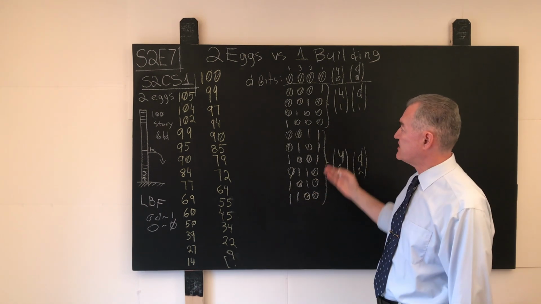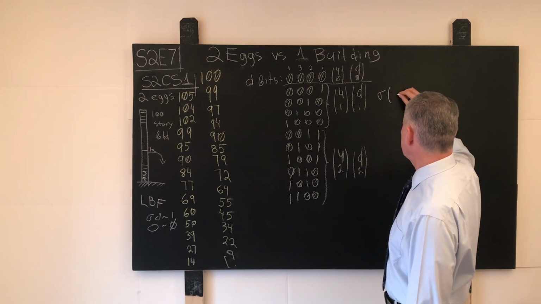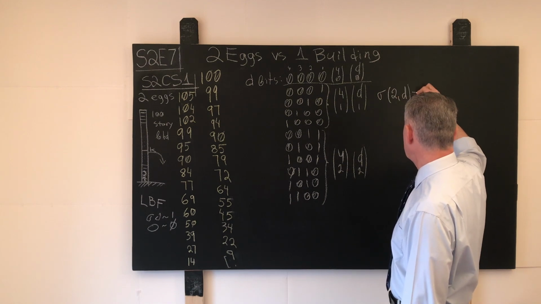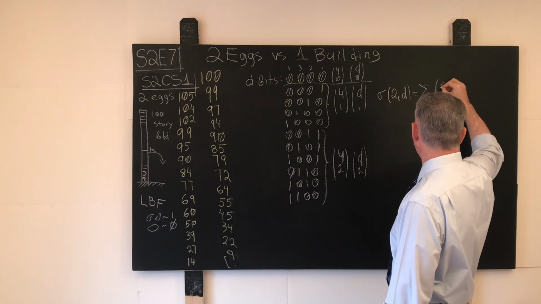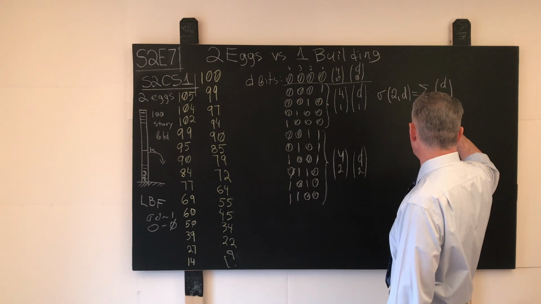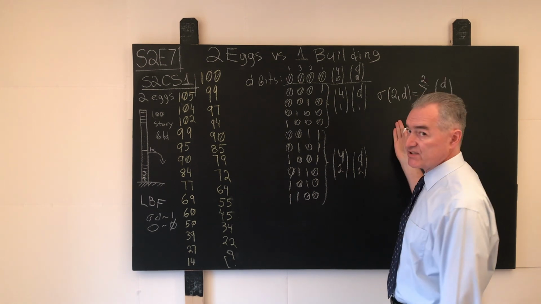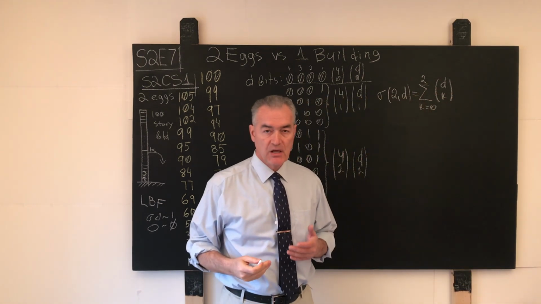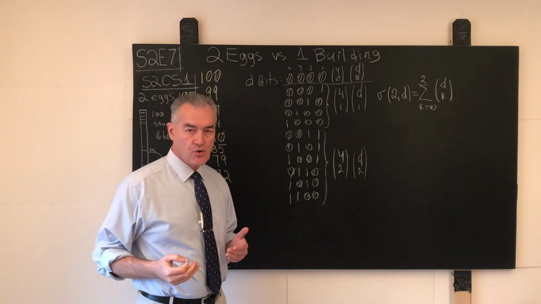Consequently, the sum, in this case with 2 eggs and the number of drops D, of D choose K, where K varies from 0 to 2, will represent what? How do we connect that sum to the height of the building? Well, that connection can be done using the pigeonhole principle.